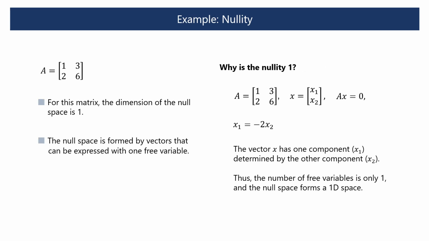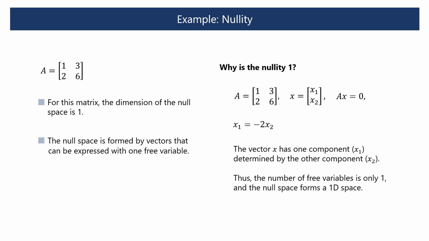As an example, let's consider this matrix A. For this matrix, the dimension of the null space is 1. It means that the null space is formed by vectors that can be expressed with one free variable. Why is the nullity 1?